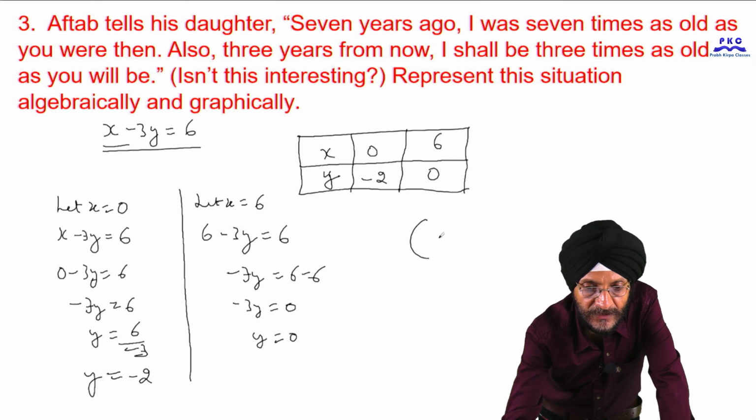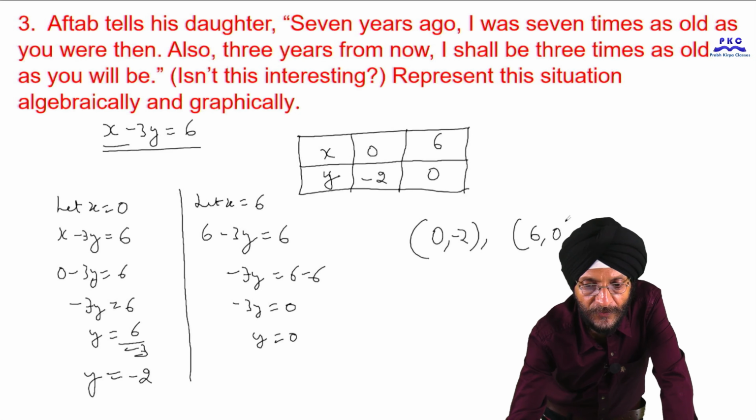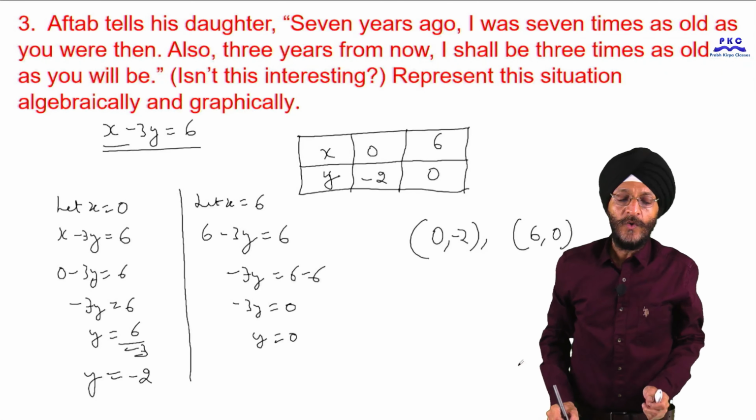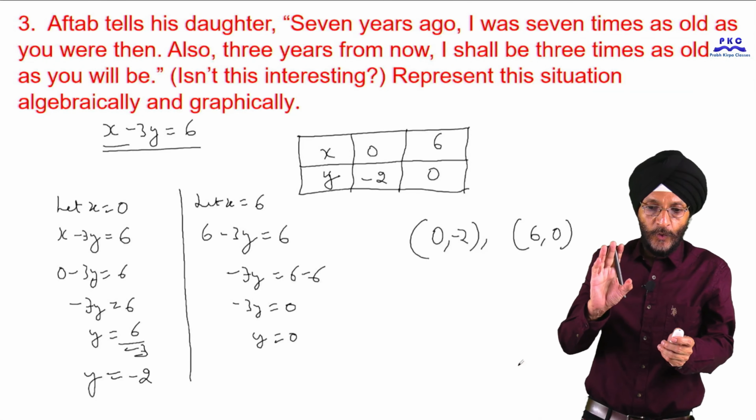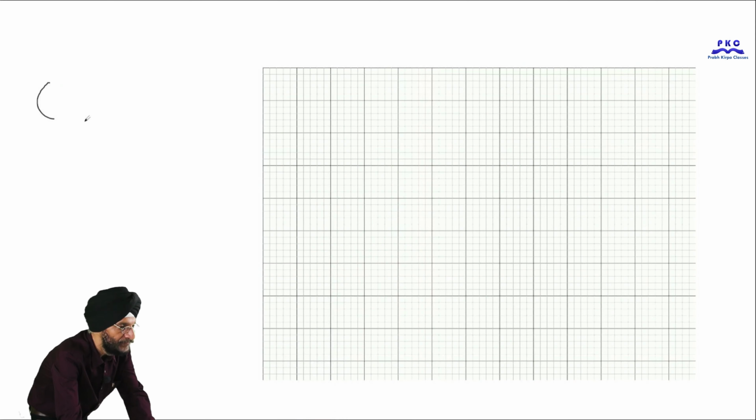You can also write the solutions in this way: value of x, value of y, then value of x, value of y. So now we have arrived at the two solutions. We will write here the solutions which we have arrived at.